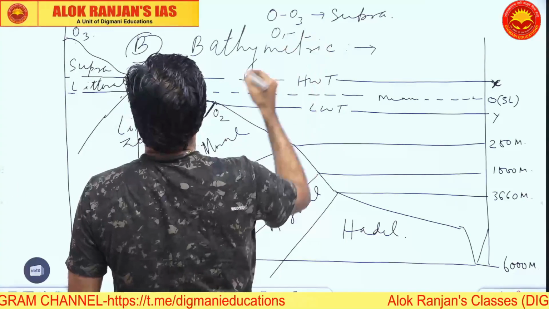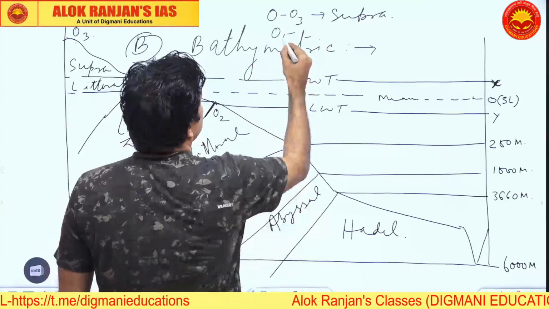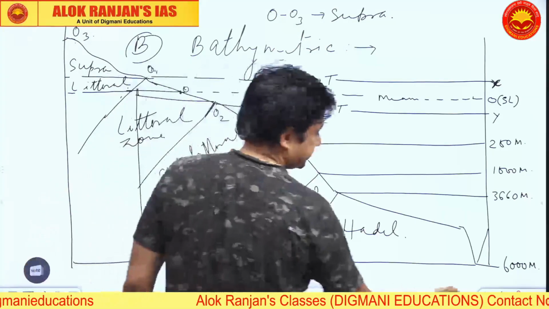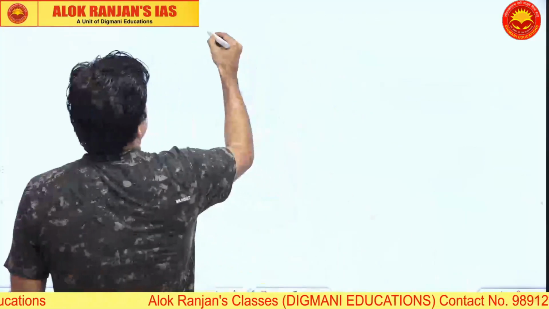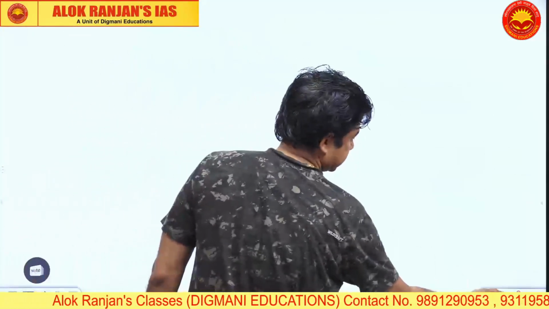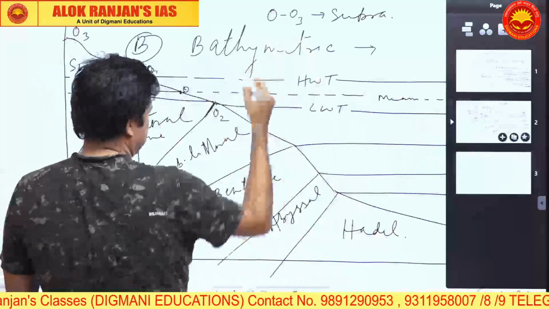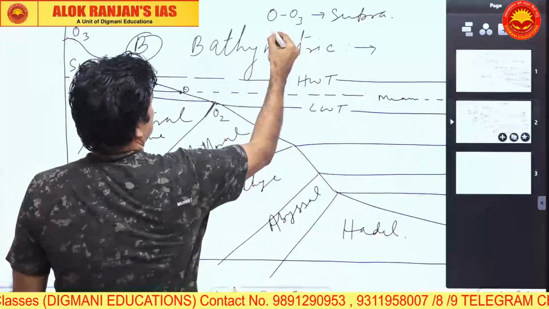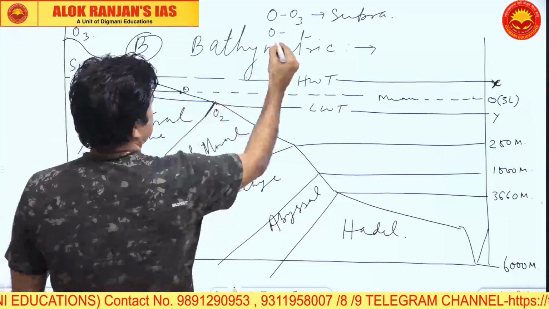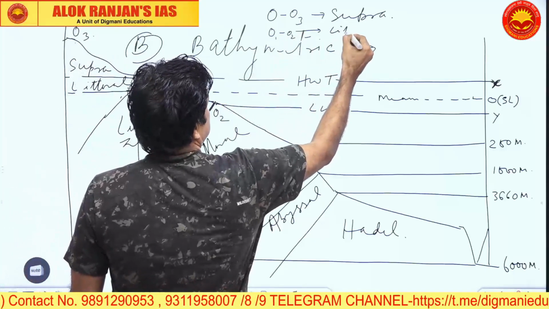O1 to, sorry, O1 no, only O. Let's write it here, this is a better place. O1 to O2, right. O1 to O2 will be called littoral.